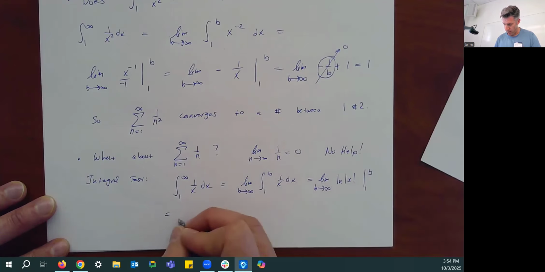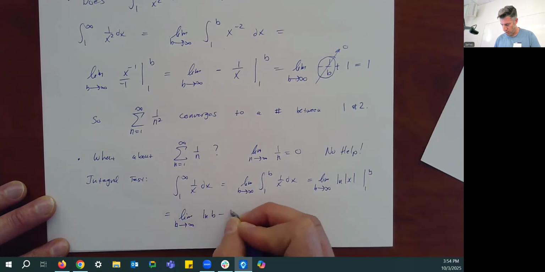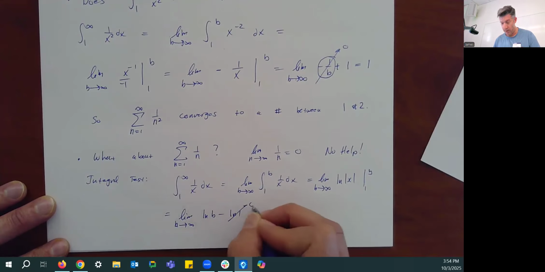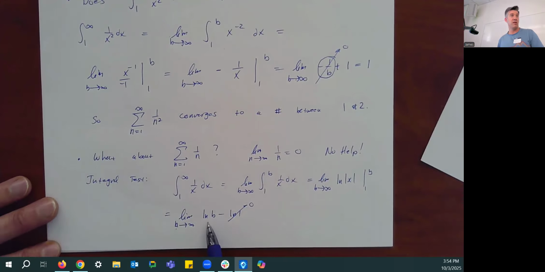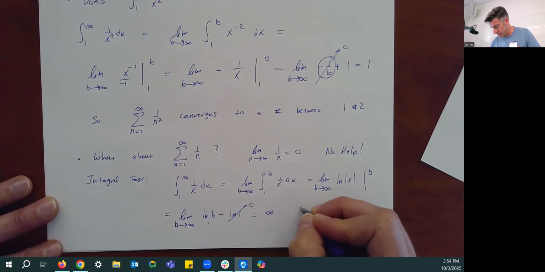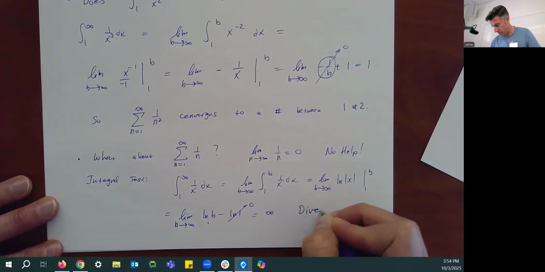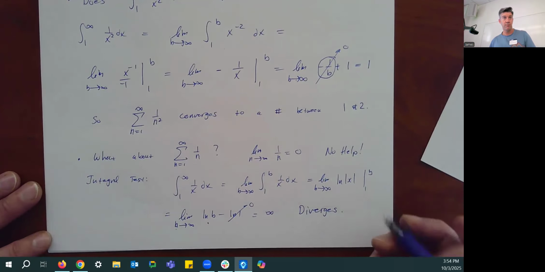If we plug in our limits of integration, we get the limit as b goes to infinity of the natural log of b minus the natural log of 1, which happens to be 0. And as we just said recently, as b goes to infinity, the natural log of b grows infinitely large. So this integral diverges, which means the corresponding series also diverges.